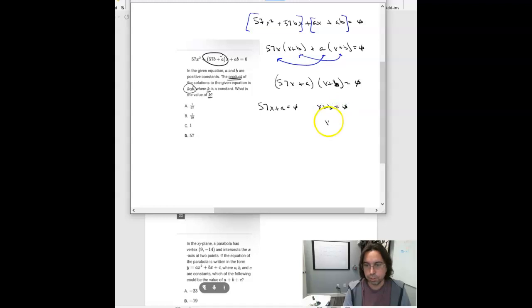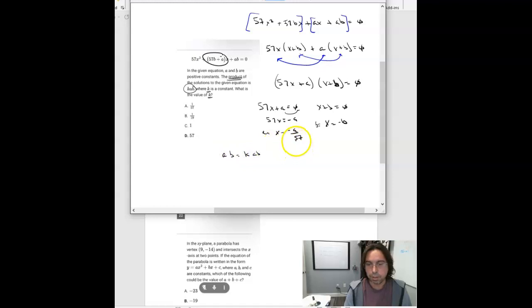This one yields x equals negative b, and this one yields 57x equals negative a, so x equals negative a over 57. It's saying the product of our solutions, and these are our solutions. So we know that the product is equivalent to kab.